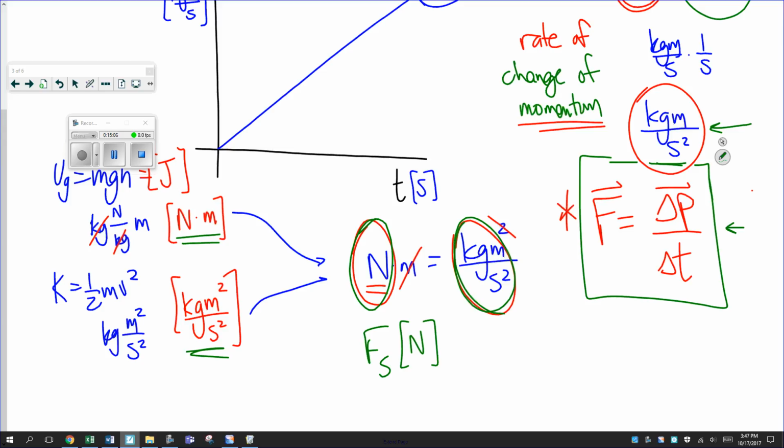All right, so that's an expression that's pretty fundamental. You'll see different forms of this expression, but it's fundamental to how a lot of stuff works. The fact that with this simple equation, if we know how much force is applied to something and for how long, we can tell how much its momentum changes.